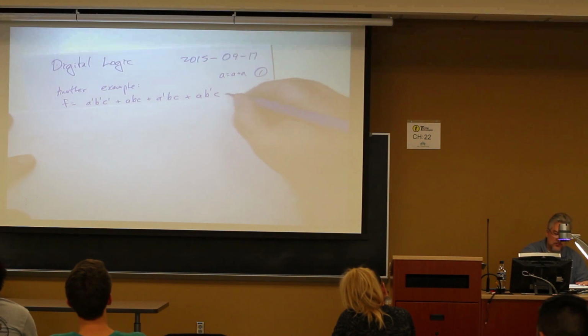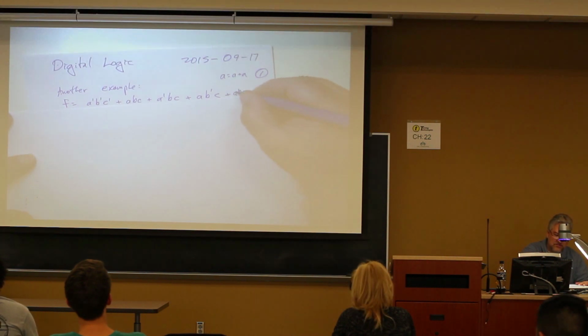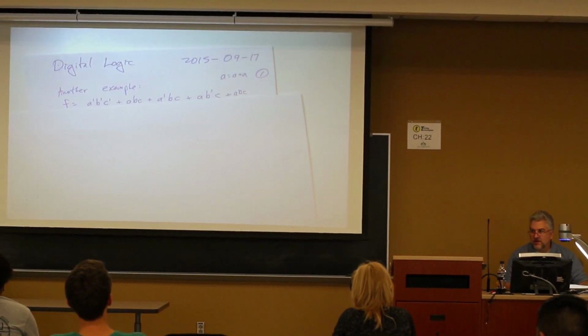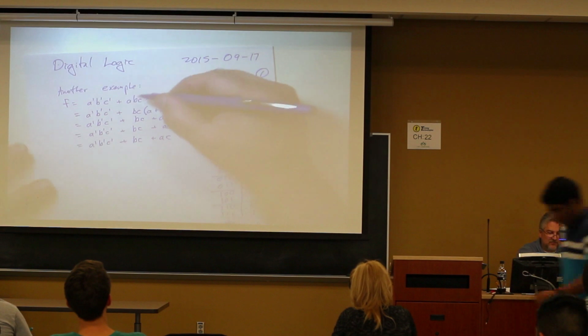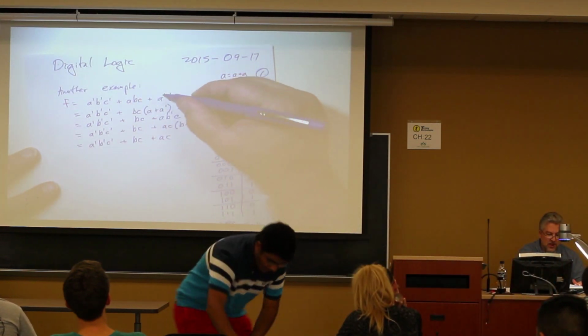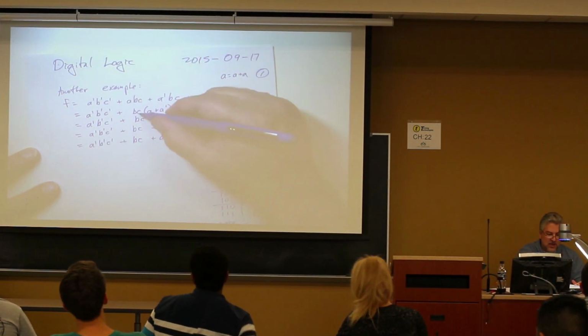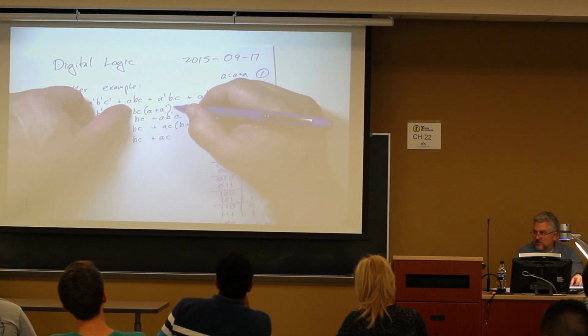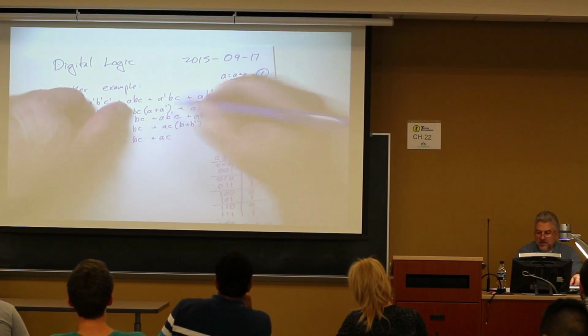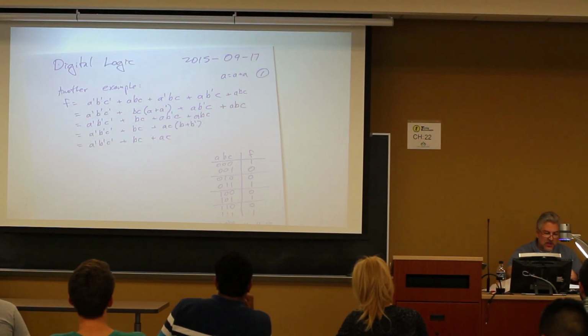And so I'm going to duplicate ABC. All right? So now we're left with this. And in this case, I have BC here and BC here with an A and an A prime there. So which property is this? Distributive, right?